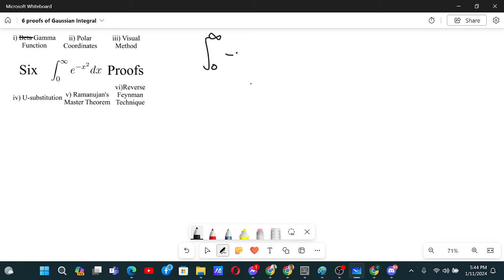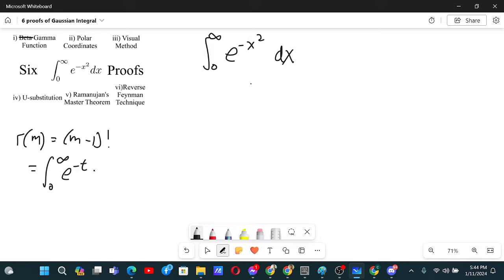Integral from 0 to infinity of e to the power minus x squared dx. Before we begin, it's important to know what the gamma function is. Basically, gamma function of m is just (m minus 1) factorial for natural numbers, but for others, it's the integral from 0 to infinity of e to the power minus t, times t to the power m minus 1, dt.